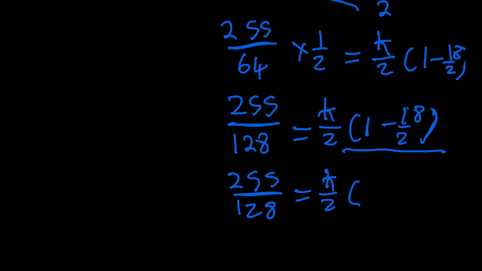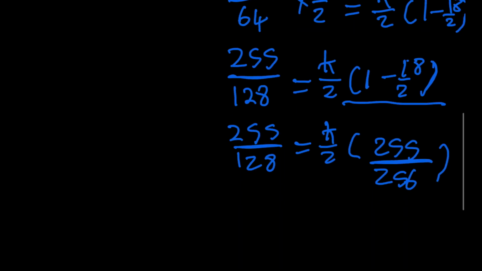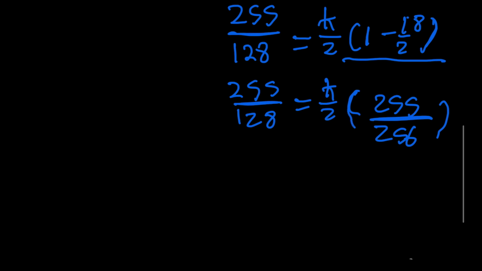So let's plug that into our calculator and see how much we get. 1 over 2 to the power of 8. So it's 255 over 256. Yeah, and then I'm just going to do this.